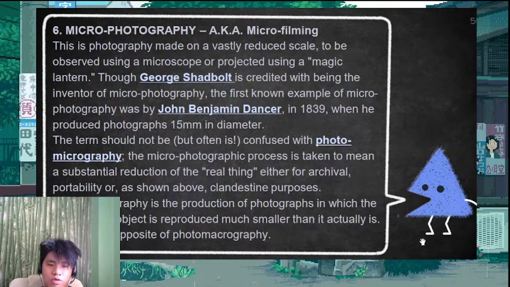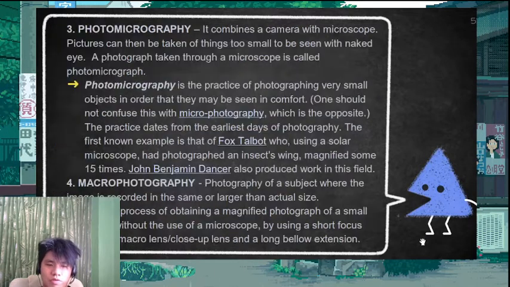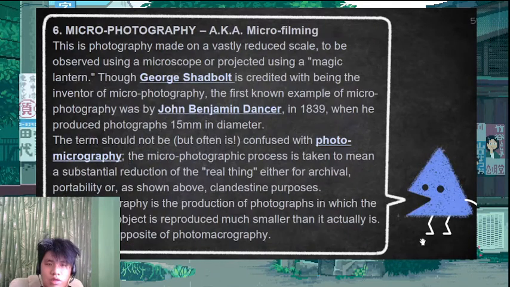So the microphotographing of, yung we discussed, di ba, photomicrography, is a camera with a microscope. So yung mga nakikita na mahirap makita na maliliit na bagay, you can picture them to see them.